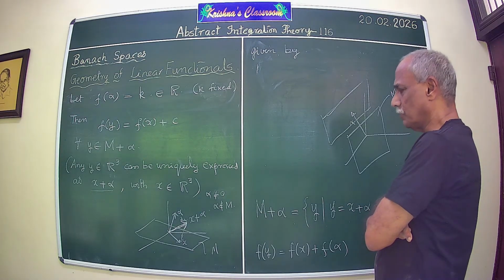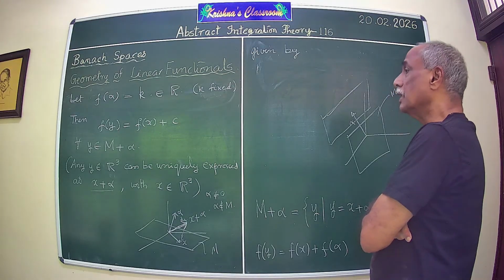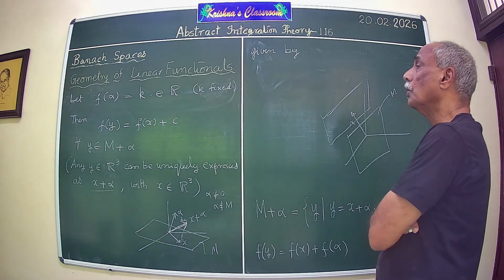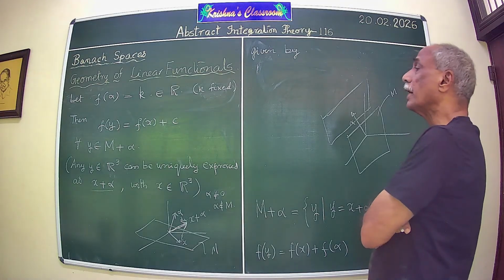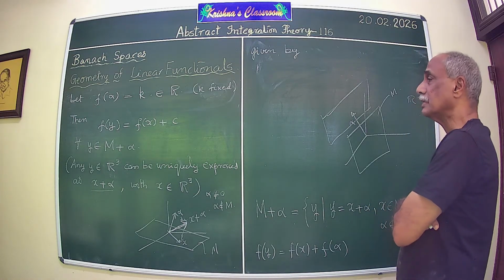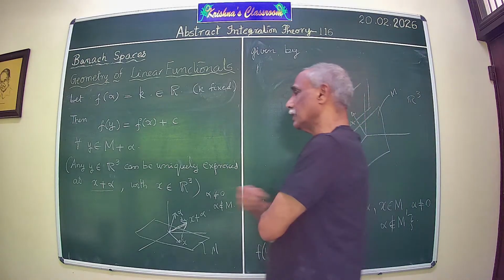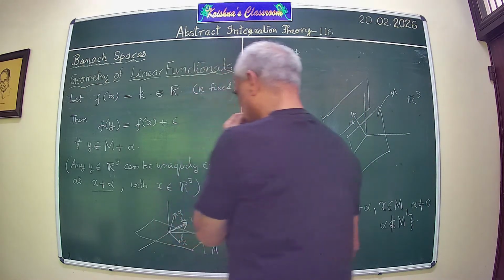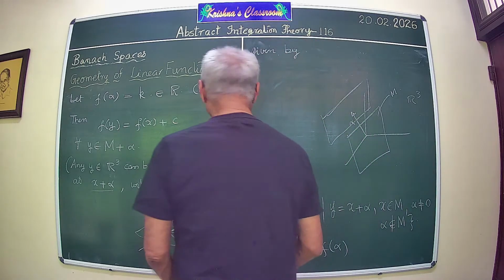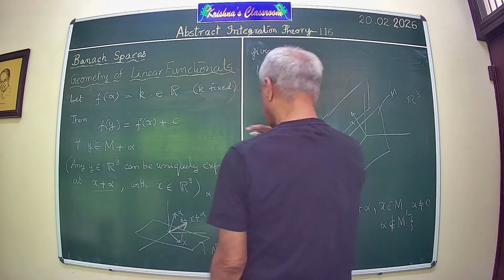Therefore f of x plus alpha is equal to f of x plus f of alpha, that is equal to f of x plus c. So what is that? Okay, so you look at this.